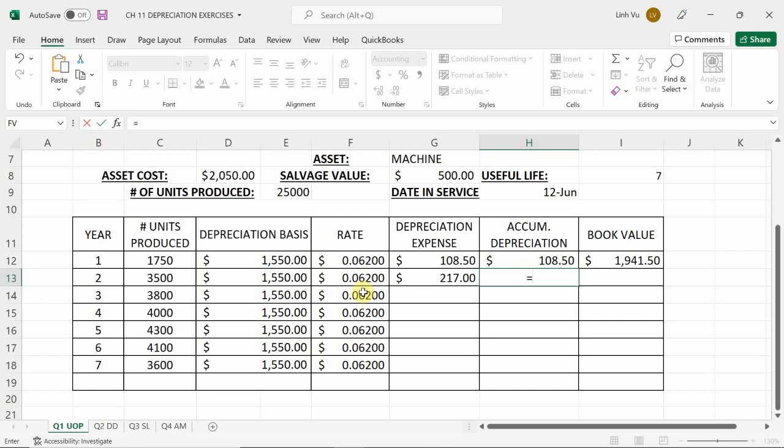So previous year, what I have is 217, that's your current year, with previous year 108.50.